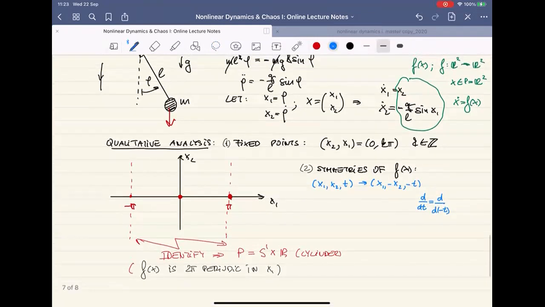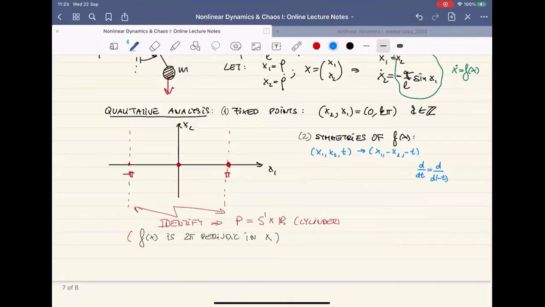So by the chain rule, I'm sorry, I should write this out a bit more carefully. I'm differentiating something with respect to time. Then that's the same as differentiating that same thing with respect to the negative time. But then I have to differentiate the negative time with respect to time, okay?